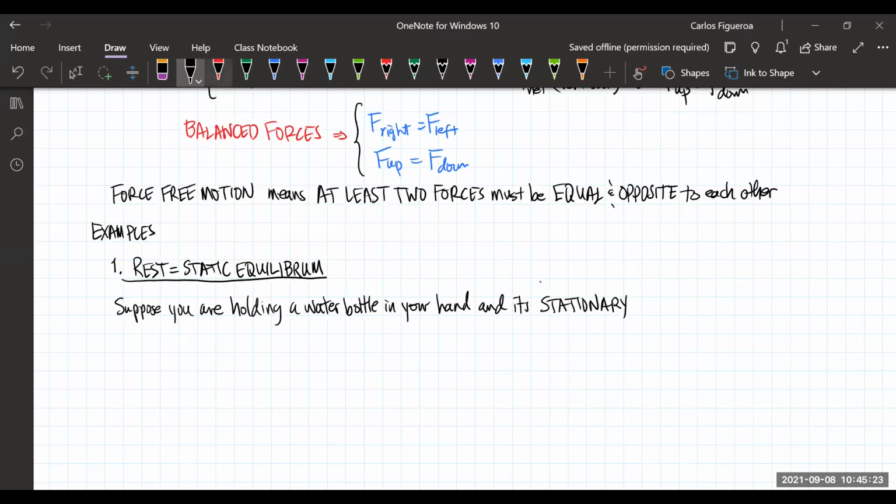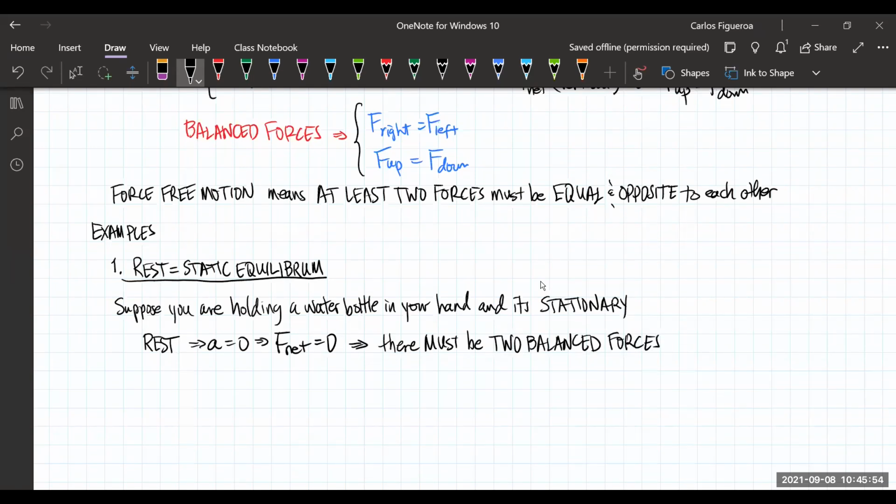Immediately, because it's at rest, or in static equilibrium, we know that the acceleration is 0 and the net force is 0. So this tells me there must be two balanced forces. Our job here is to identify them.